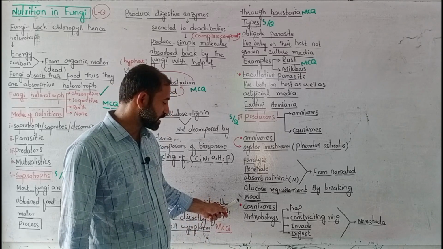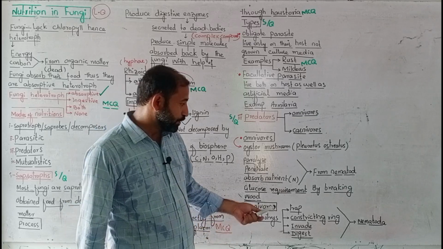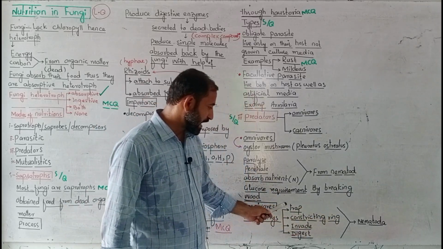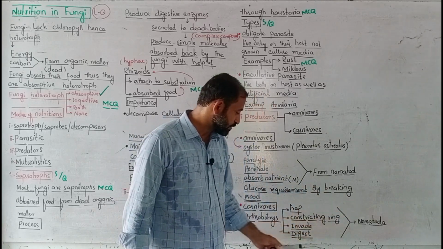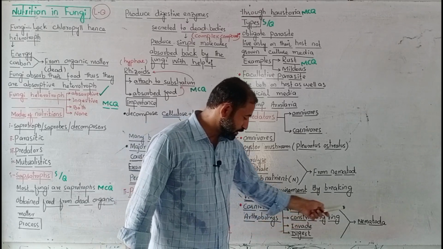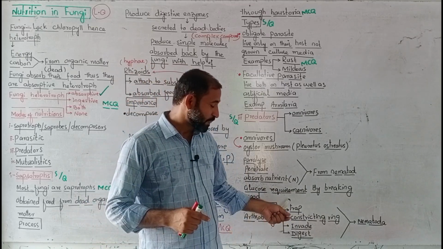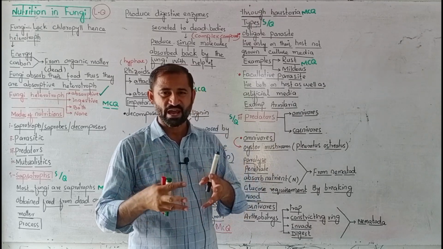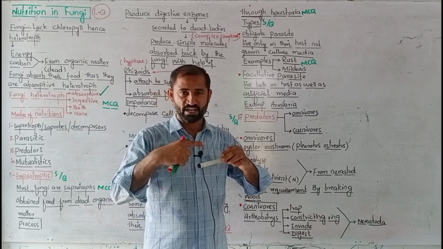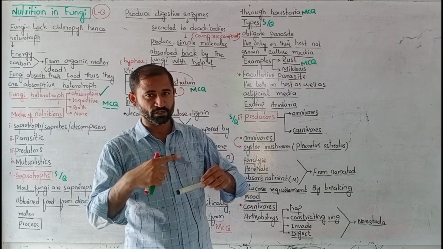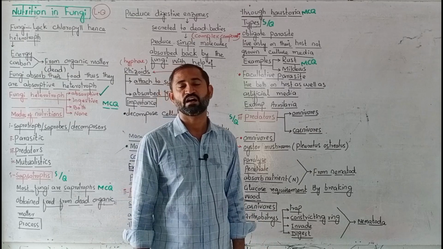Arthrobotrys is an example of a carnivore. Arthrobotrys also feeds on nematodes. How does it feed on nematodes? It traps the nematode by forming a constricting ring around it, invades its hyphae into the nematode, then digests the body of the nematode. First it traps, that is catches or entangles the nematode body, then forms a constricting ring over it, then invades the hyphae into its body, and then digests the unlucky victim.